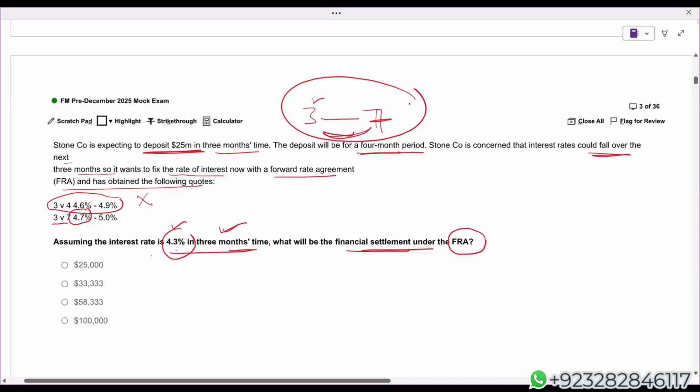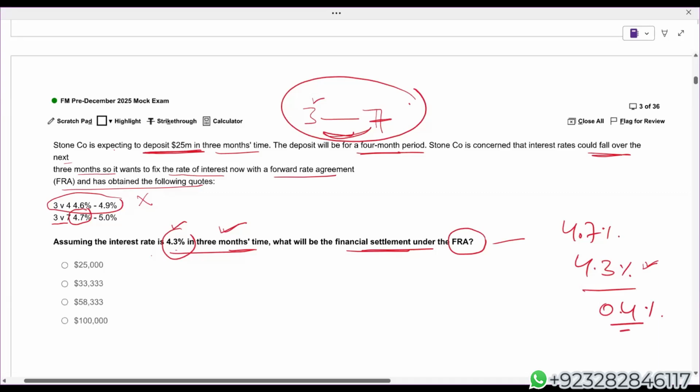Now, listen, student. We have fixed our FRA at 4.7%. Actual rate is 4.3. First, we will get the interest on the basis of actual rate, which is 4.3%. Then we'll be getting additional 0.4%. Why will the Stone company get additional 0.4%?